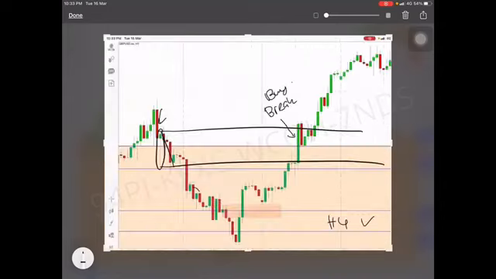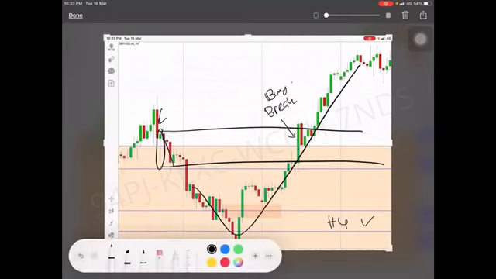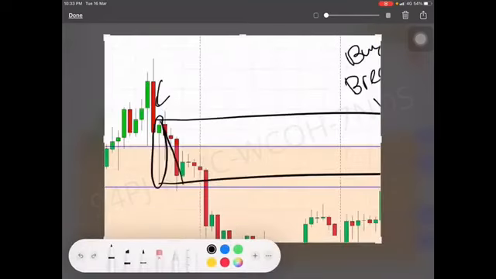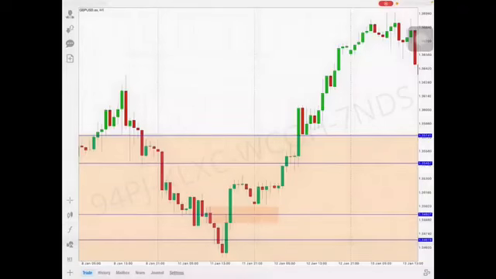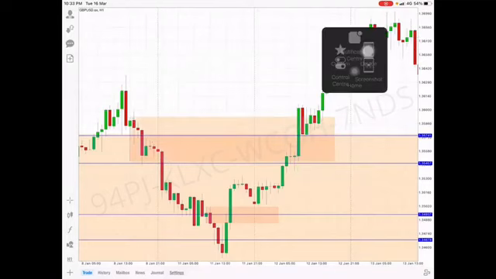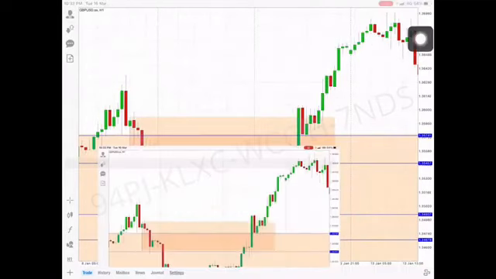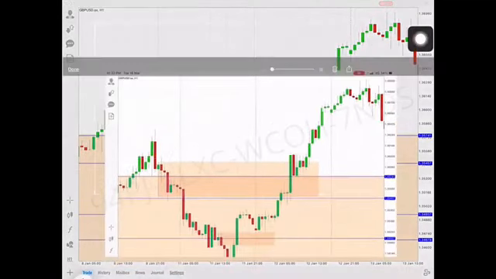But then the price broke upwards, right? So when the price comes back to that zone, you can entry buy in this zone.